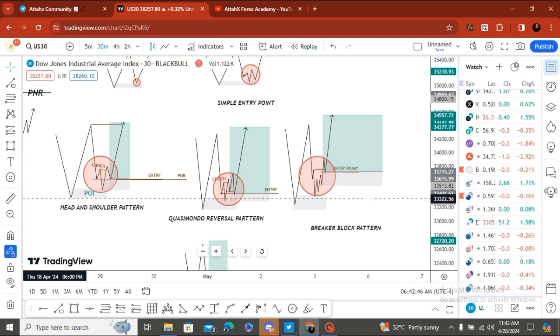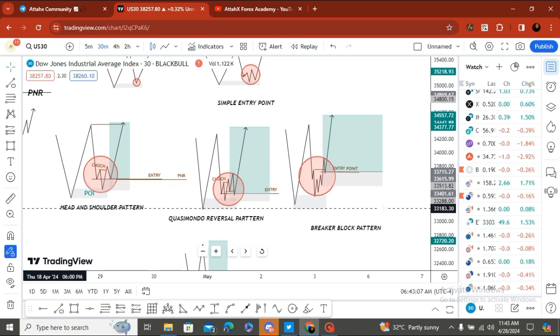So when you're given a signal by your friend, or by anybody you want to take the trade from, you can use this simple entry point pattern to validate or confirm that bias given by the person, or even your trade projection, right?